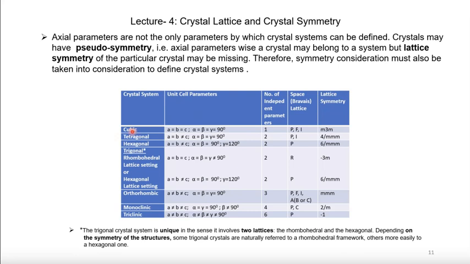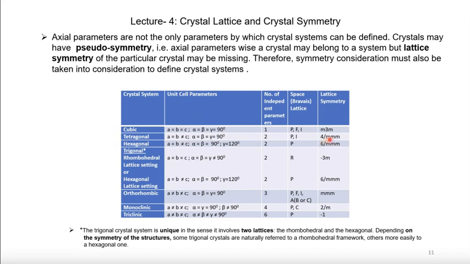A cubic crystal system must have this point group. If it doesn't have this point group, we cannot call it cubic. It may show as pseudo-cubic, but only when it has these symmetry elements can we say that this is a cubic system.